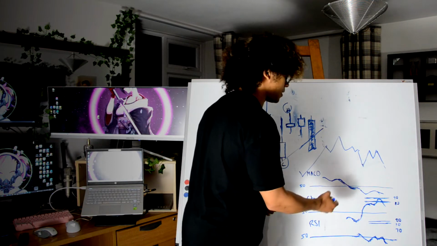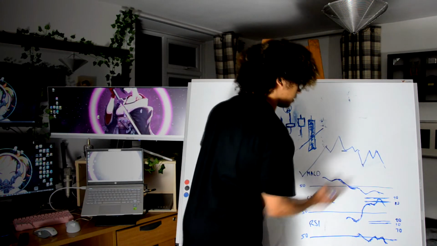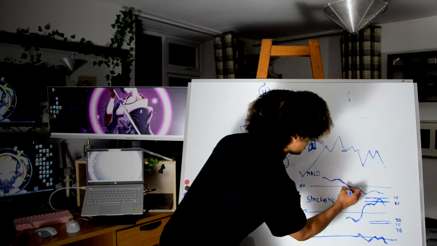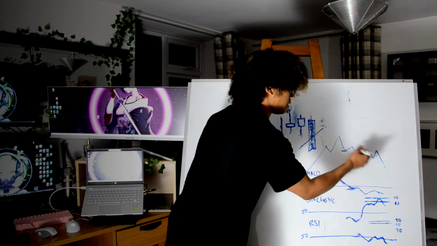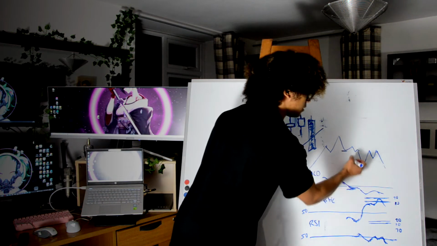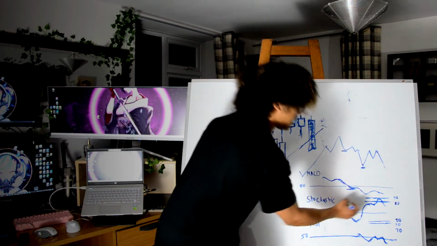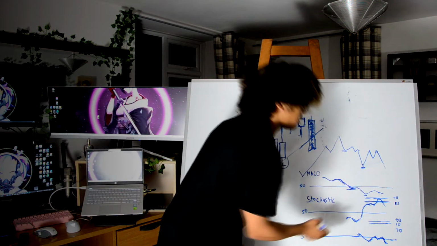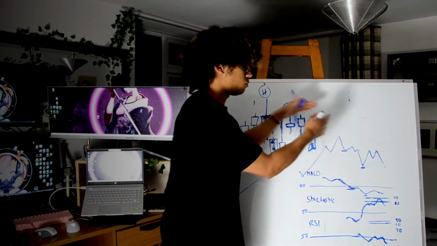Essentially, when you get a low here, you would also get a low on your indicator. It would dip, and then when price makes another low, it would make another low on the indicator, and so on. So price would agree with your indicator.